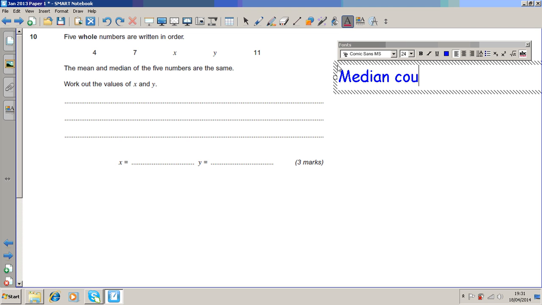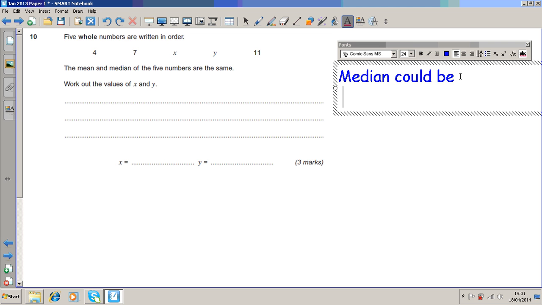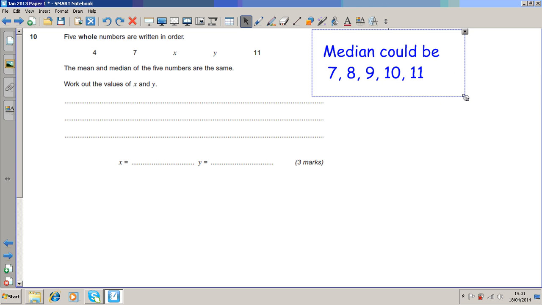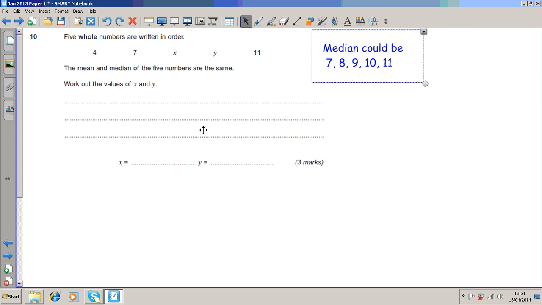So median could be 7, because then it would still be in the middle. Or it could be 8, it could be 9, it could be 10, or 11. Okay, it can't be bigger than 11 because then that'll be there. So that's what the median could be.